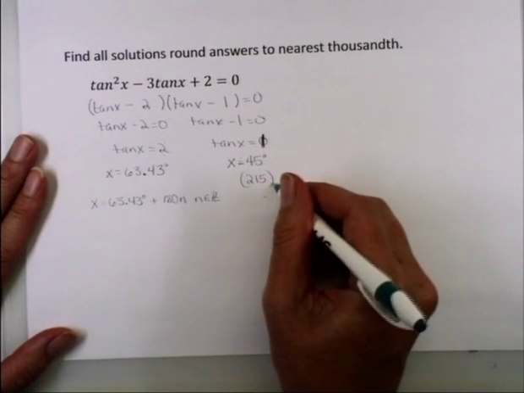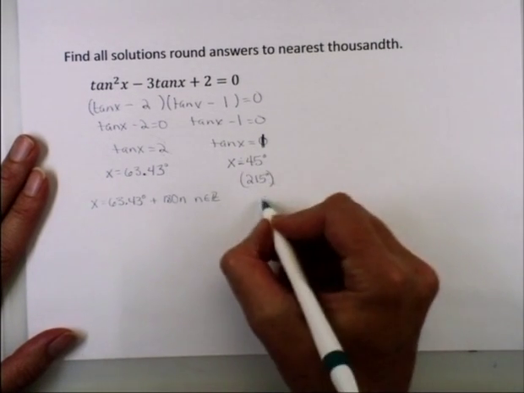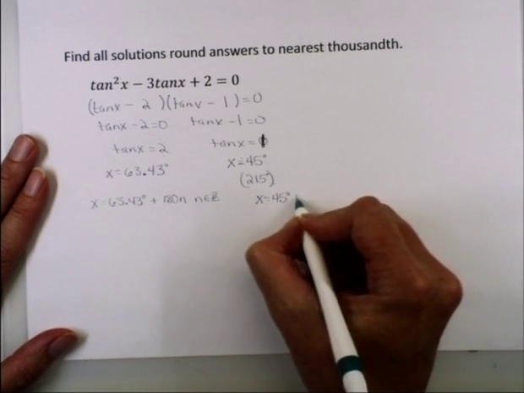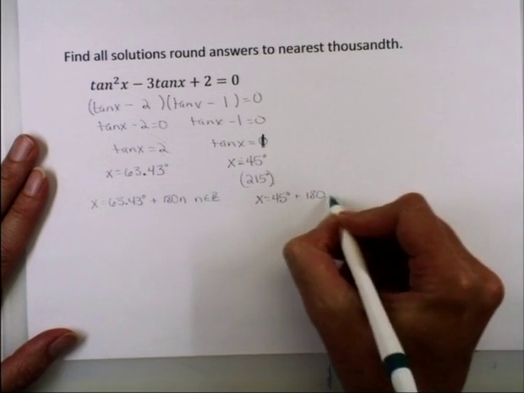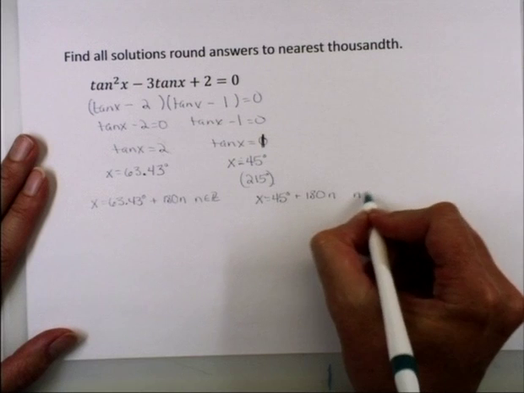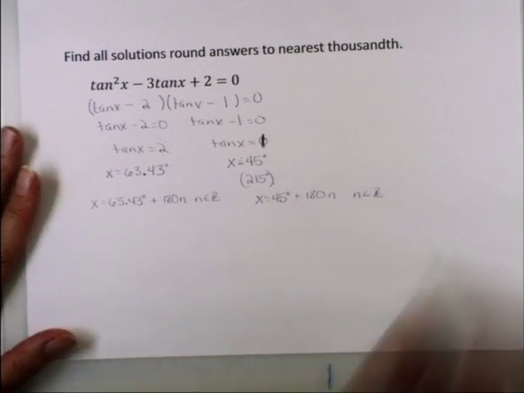And that's why I put the 215 in parentheses here, because for this solution, I'm just going to say 45 degrees plus 180n, where n is an element of the integers. Okay.